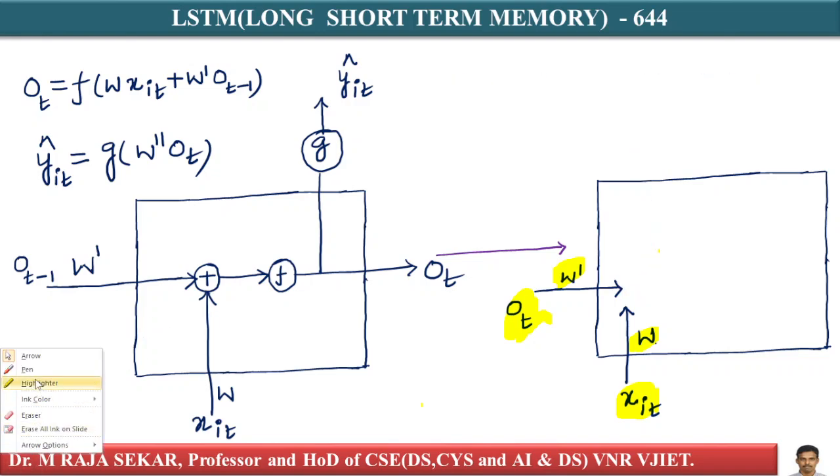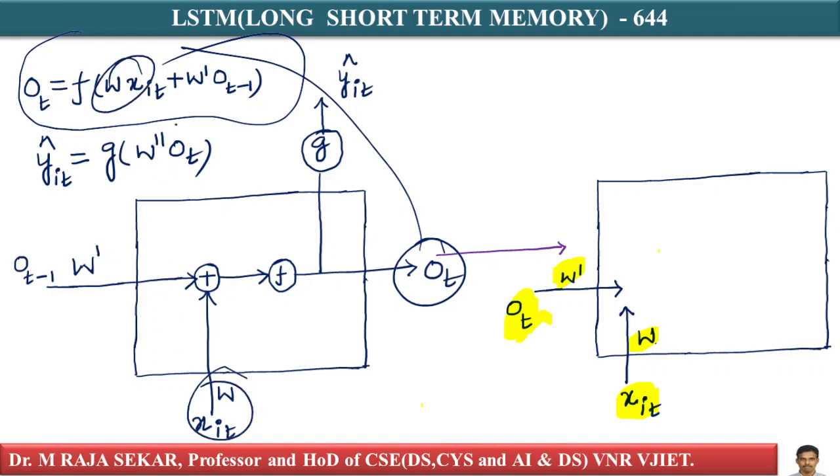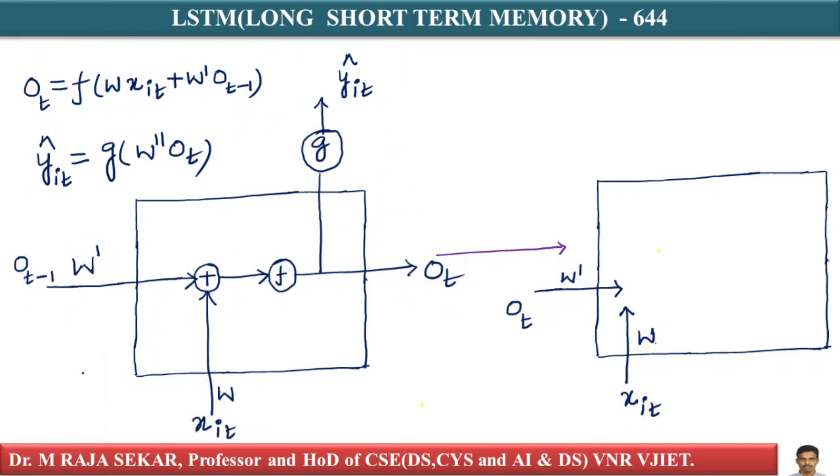What are the equations for the old one? Ot is F of W Xit plus W dash Ot minus 1, just summing them up. And Yit cap is G of W double dash into Ot. This is the old thing which we discussed.